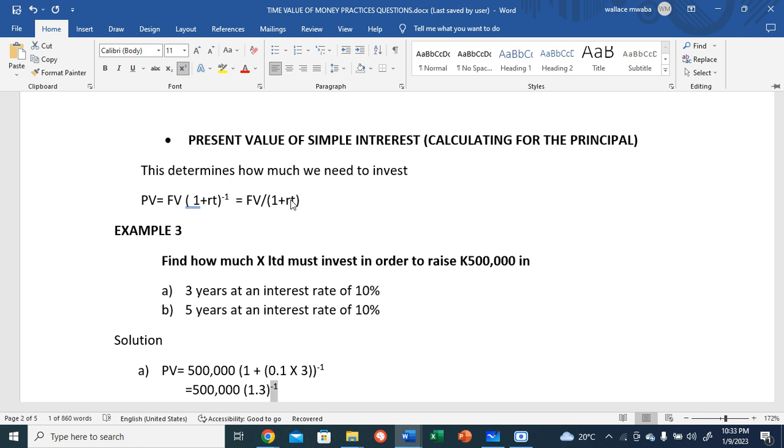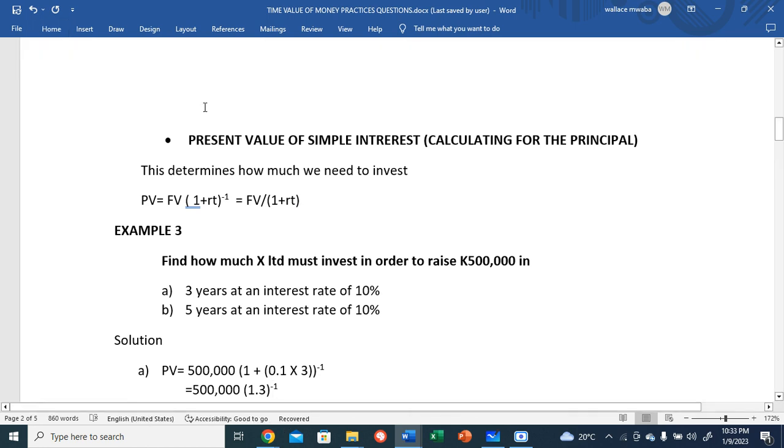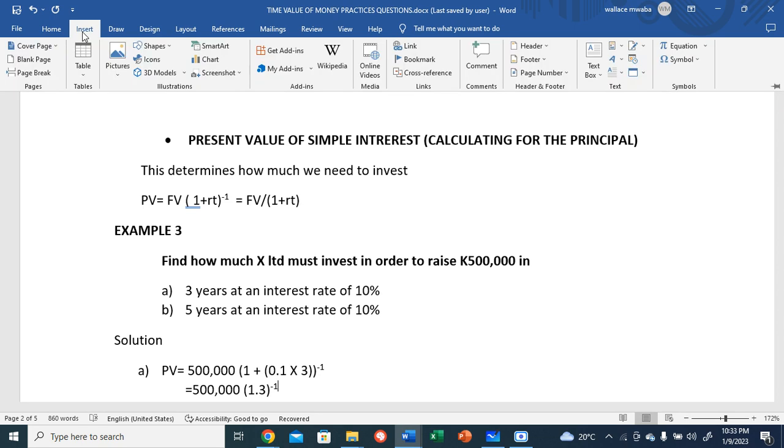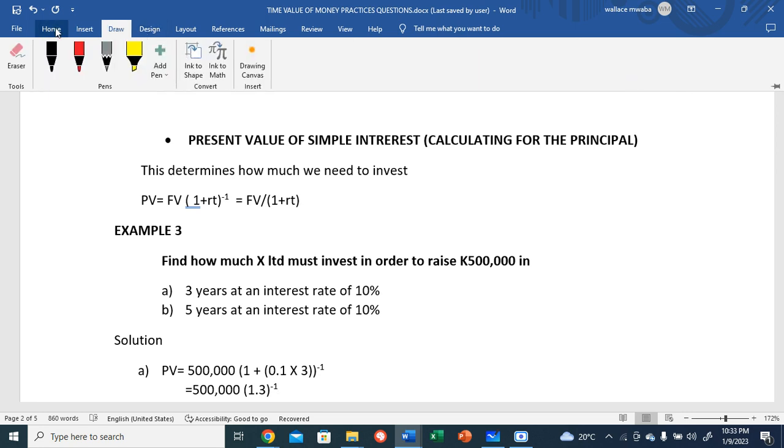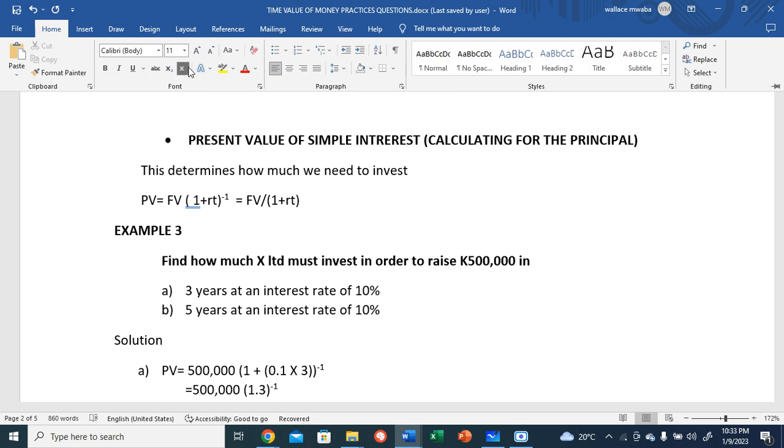Then we multiply that by 500,000. I'm going to get 384,615.